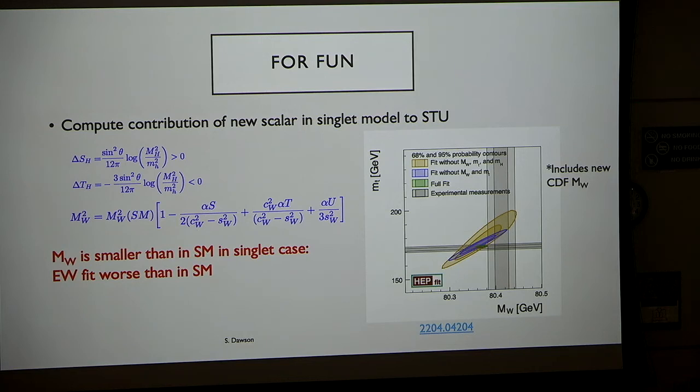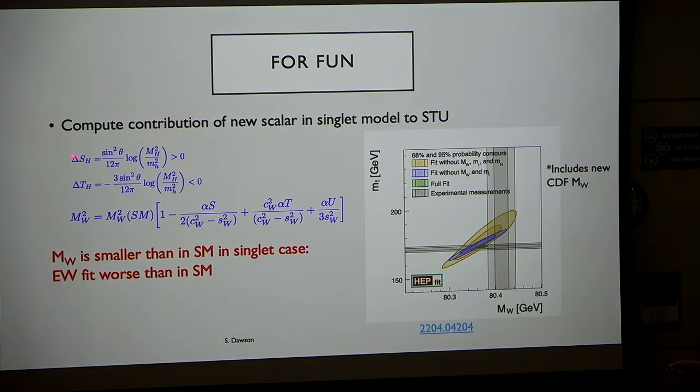So we can, of course, compute the contributions of the new scalar in the singlet model, following our theory where we did it before. We saw for triplets you could distinguish between isospin 0 and isospin 1 triplet VEV. So here let's just do it for the new Higgs boson in this singlet model. I can calculate the contributions to S and T from this new singlet.